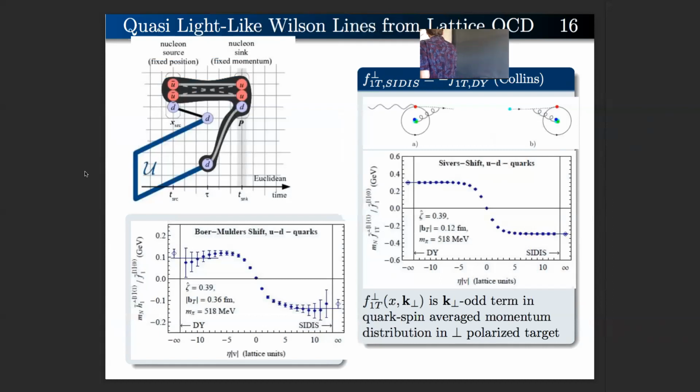One can clearly see there are some asymptotic values that are reached. What you can also see is if the staple points in the opposite direction of the motion, the sign of the effect is reversed, which reflects the fact that the Sivers effect in Drell-Yan should be equal and opposite to the Sivers effect in SIDIS.